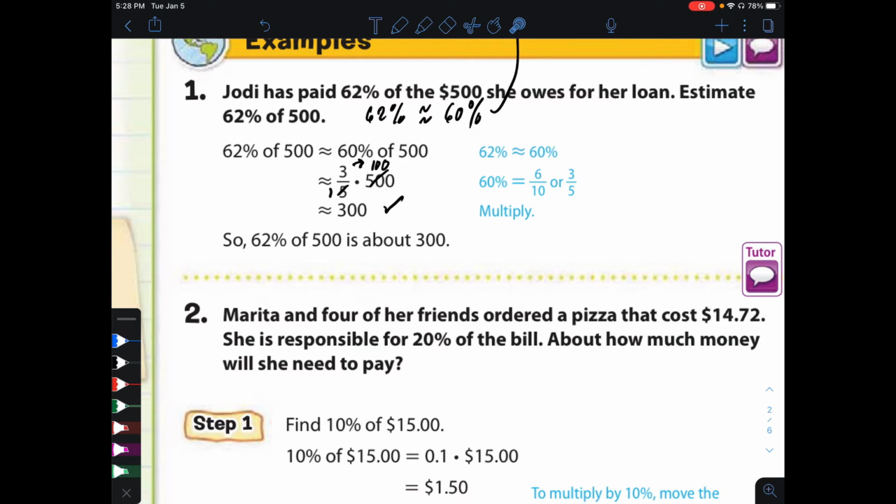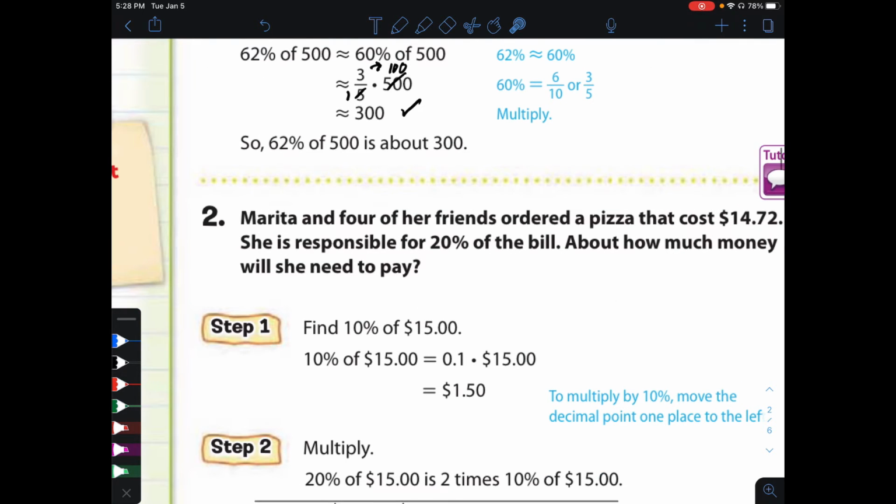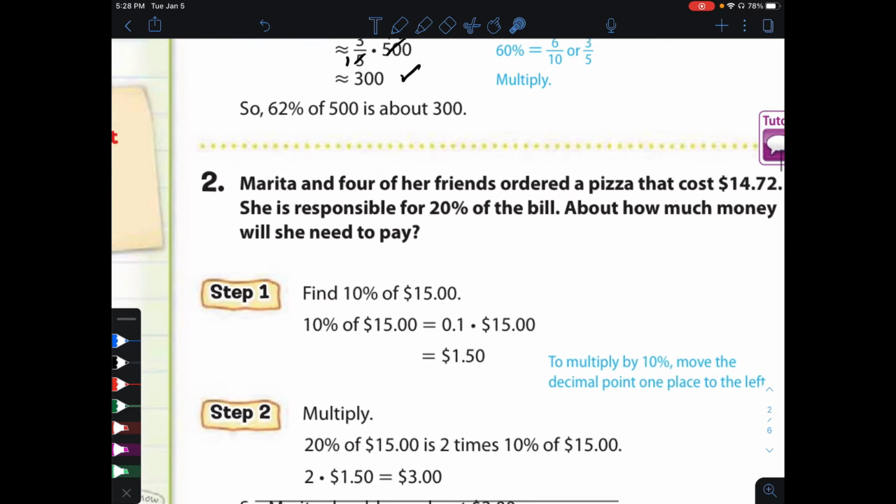We know also after step number 1 that 20% is actually 2 times 10%. So we get our $1.50 and we simply multiply $1.50 by 2. So 2 times $1.50 gives us $3.